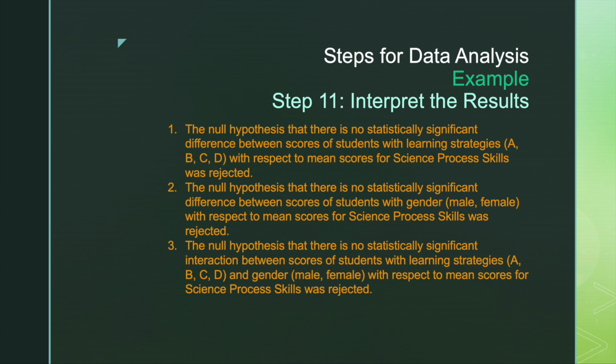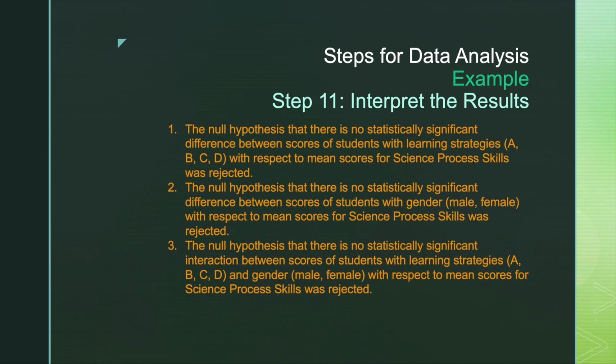All of that came from this table here and the other table right here. And the last step, step 11, interpreting the results. We had 3 null hypotheses, so we have to talk about each one. For the first one, the null hypothesis that there was no statistically significant difference between scores with learning strategies with respect to the mean scores for SPS was rejected.